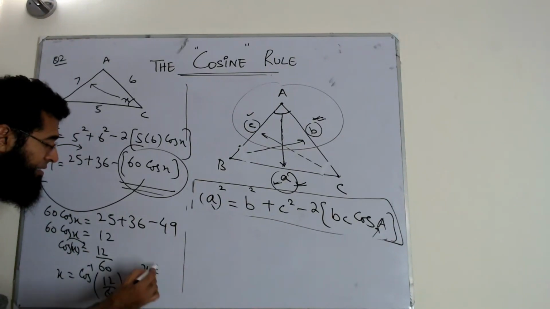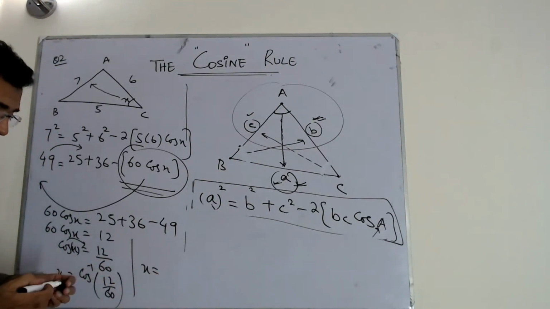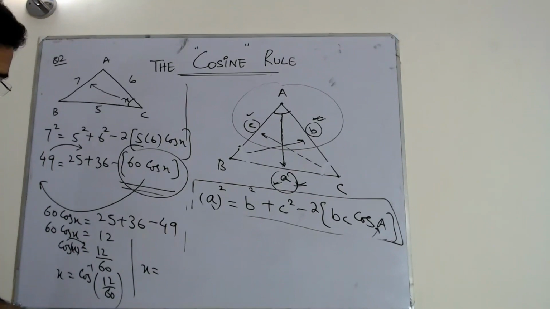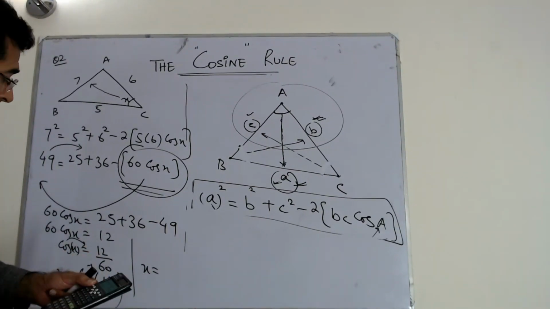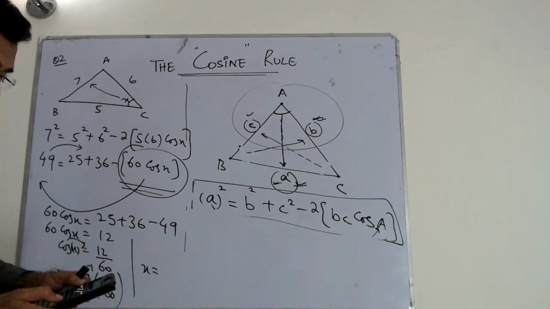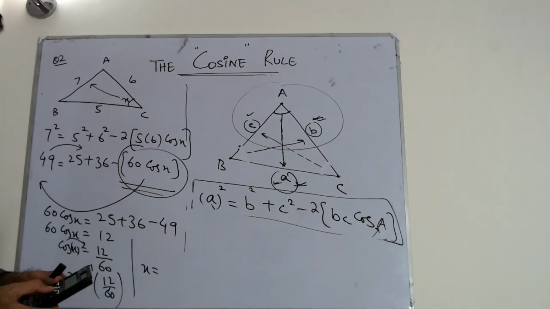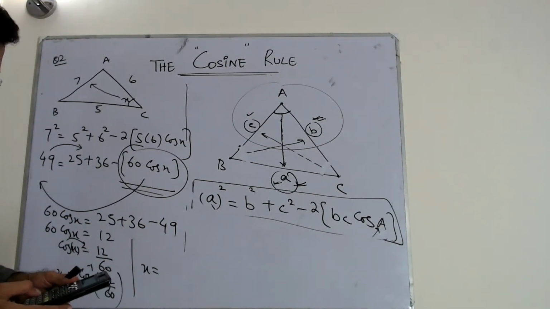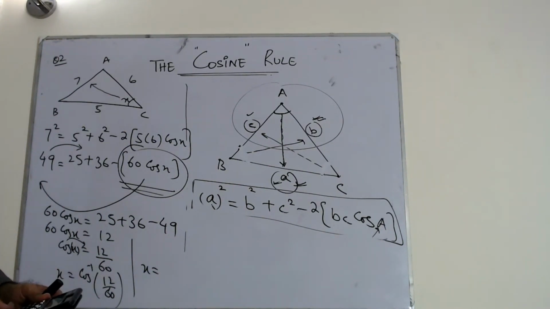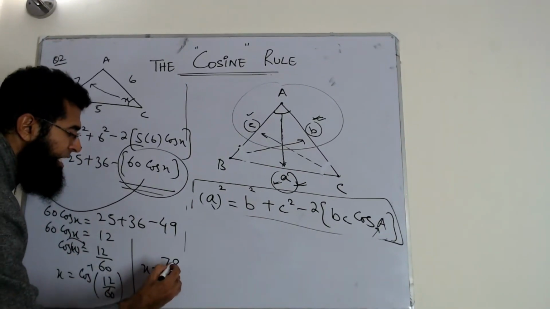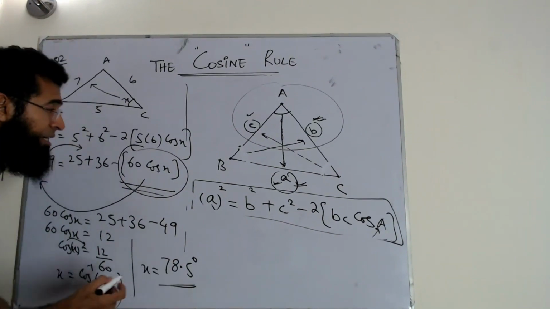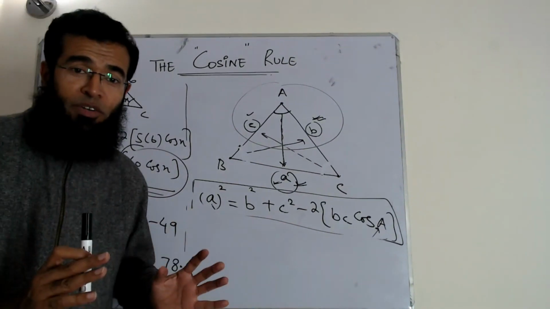So what is your final answer? Beta, again, don't forget to see that the calculator is in degree mode. Shift cos inverse 12 divided by 60. It's so simple. And the answer is 78.5 degrees, right?